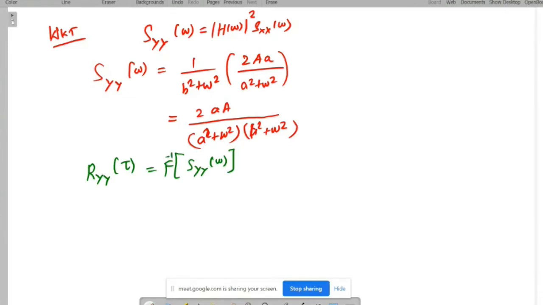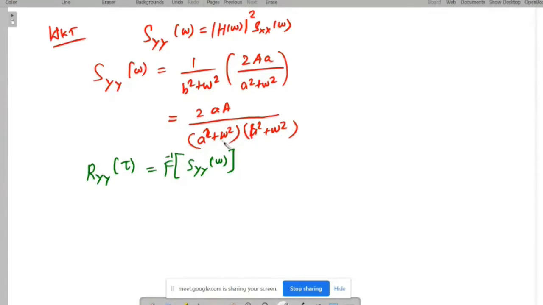F inverse you have to take. So already you know the result. Before using the F inverse formula, try to use the partial fraction to separate each factor. Then only you can apply the F inverse formula.